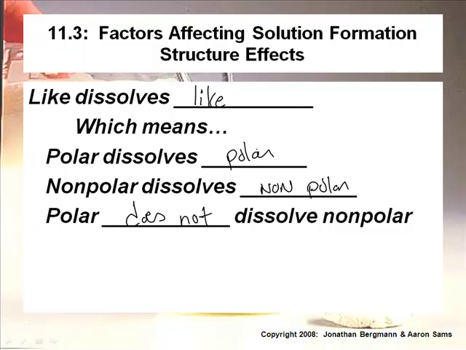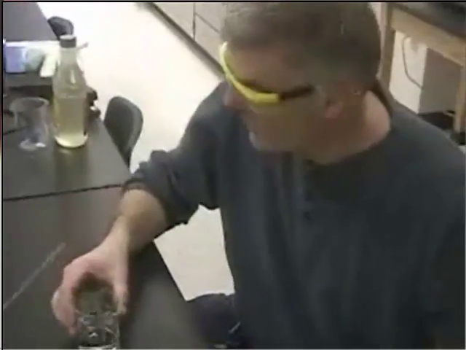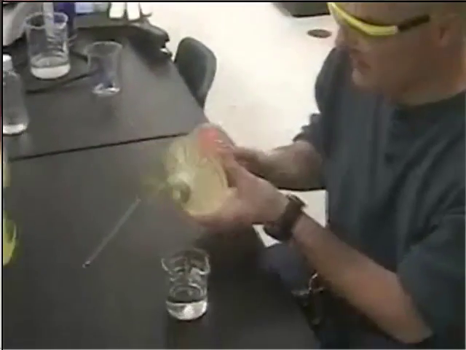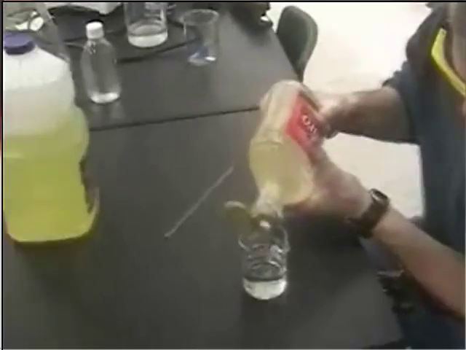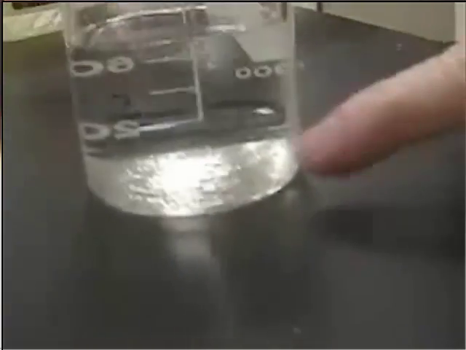All right, so let's illustrate that with a demo. Okay, well I've got some water, and to the water I'm going to add some Karo syrup. So if I add the syrup, and if you look carefully, I zoom in on that, Mr. Sands, you can kind of see the syrup down there at the bottom right there.